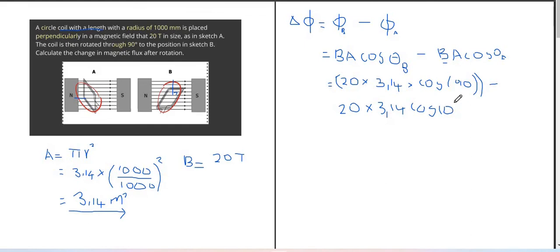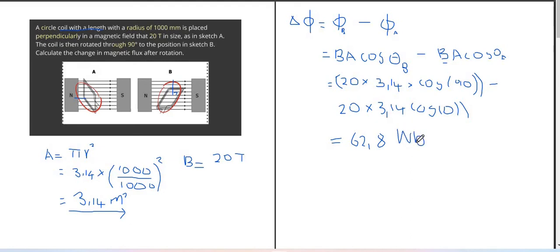Cos of 0. If you put that whole thing in a bracket, you are going to get a value of 62.8, if I'm not mistaken, but you can always check the answer. Magnetic flux is measured in Webers, so you're going to write Wb.